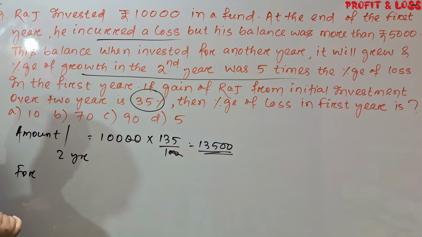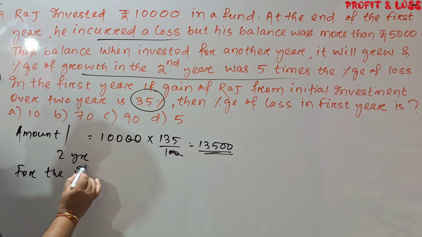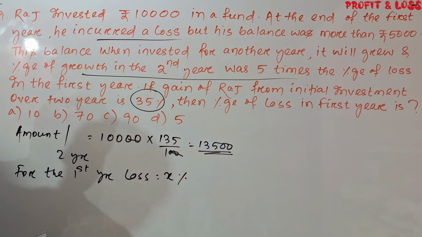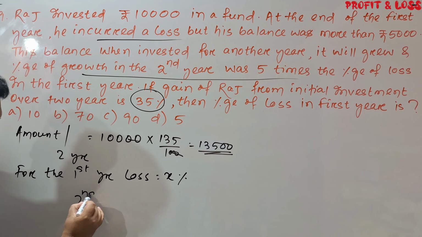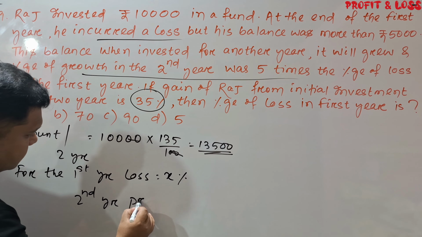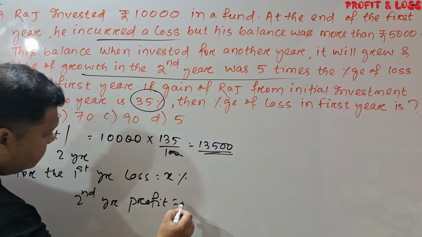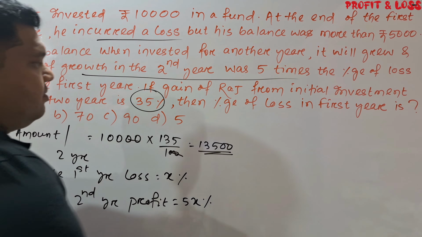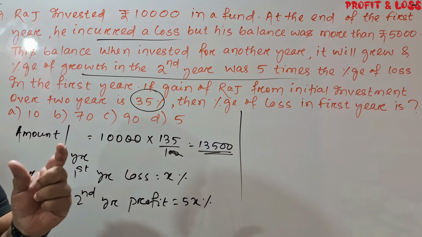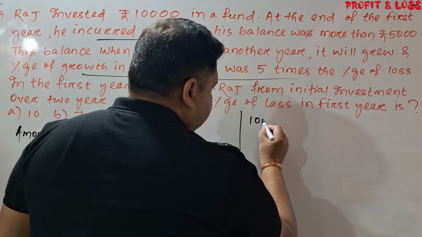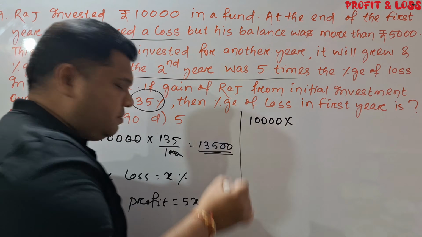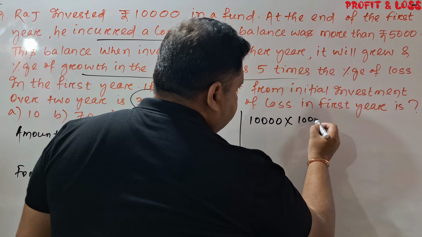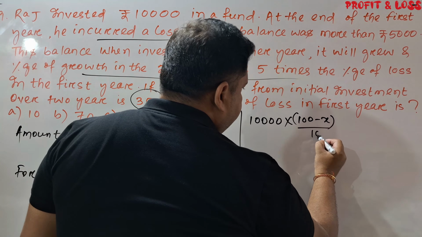Achha, according to the question, for the first year, loss is equal to x%. And for second year, profit is 5x%. So can I write the equation in this way? Here I will write initial investment 10,000. Loss means percentage decrease, so 100 minus x, percent means divided by 100.